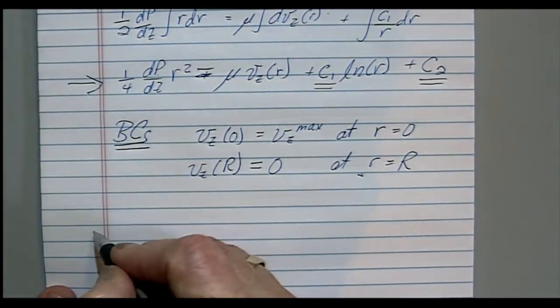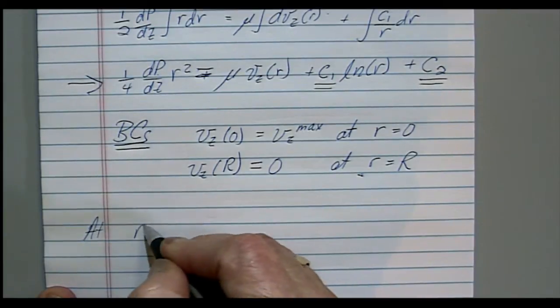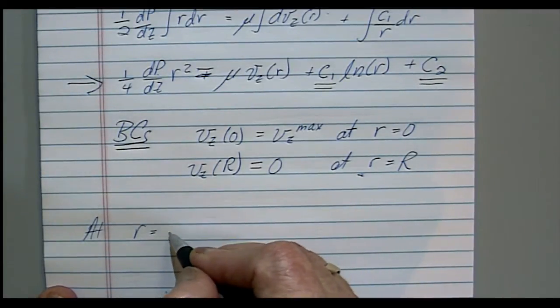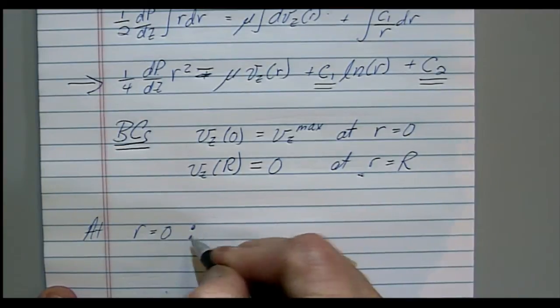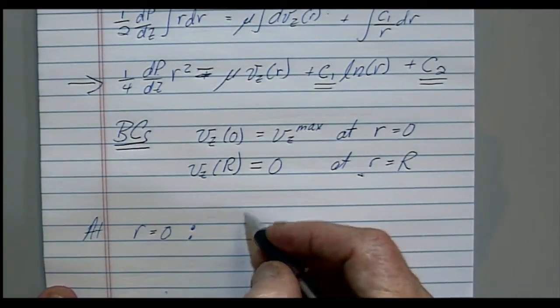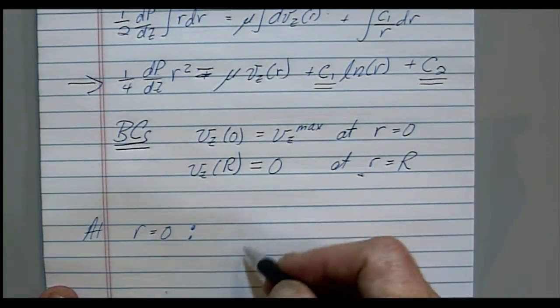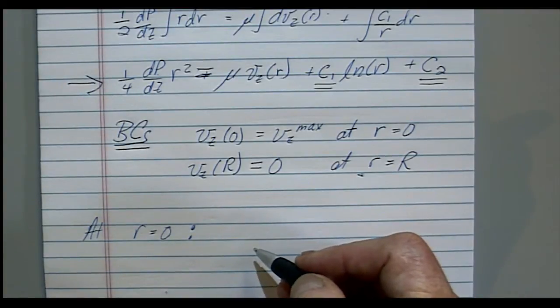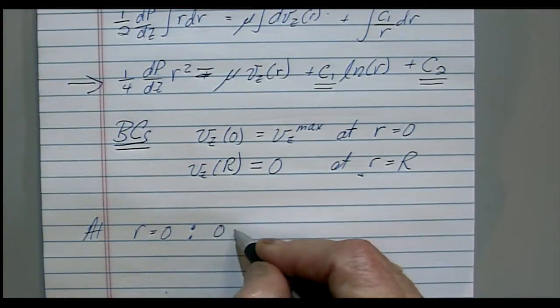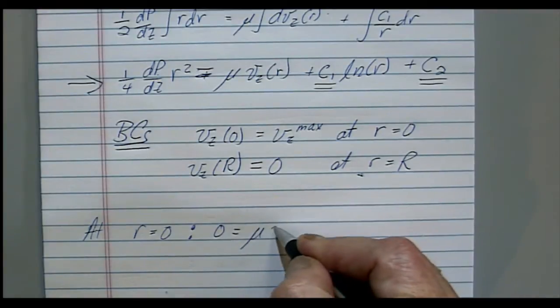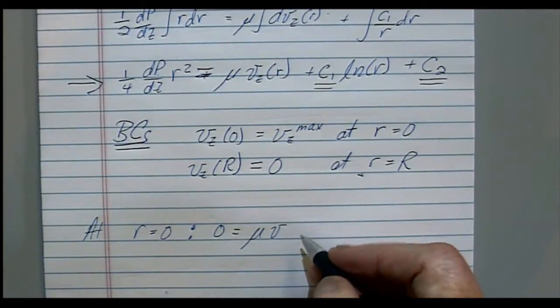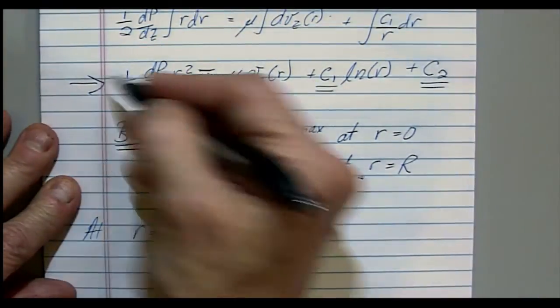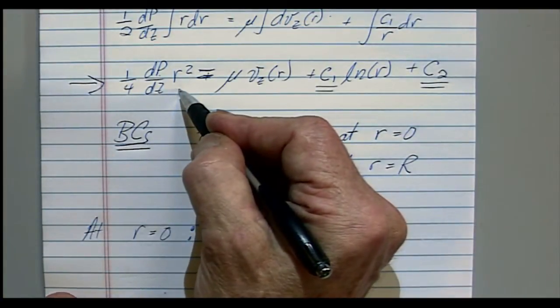Okay, so first at little r equal to 0, I have 0 is equal to mu times, all right, so I'm going back up to this equation. I'm solving it at little r equals 0. That goes away.